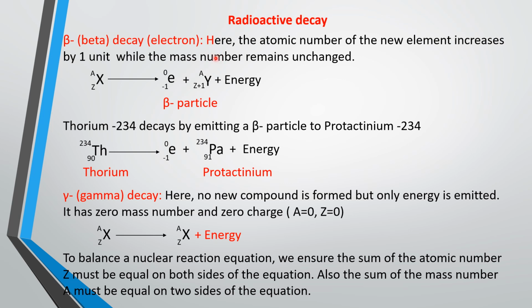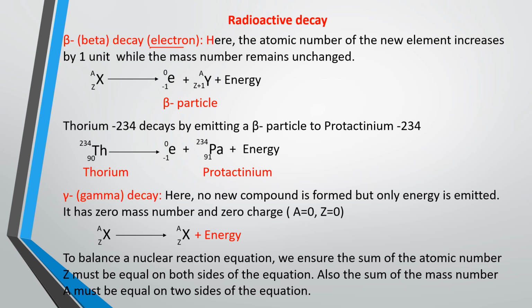So beta decay leads to the release of an electron. Alpha decay will lead to the release of what? A helium atom. So beta decay leads to the release of an electron, while alpha decay leads to the release of a helium atom. For a beta decay, we have an increase in atomic number, but the mass number will remain the same for the new element that we form.